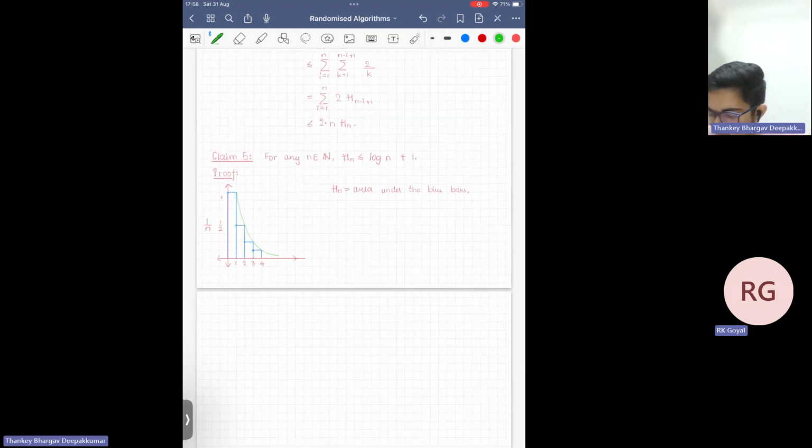Think of this green curve, right? So the green curve is this, and that plus 1 is an upper bound on the area under the blue curve, blue bars, right?